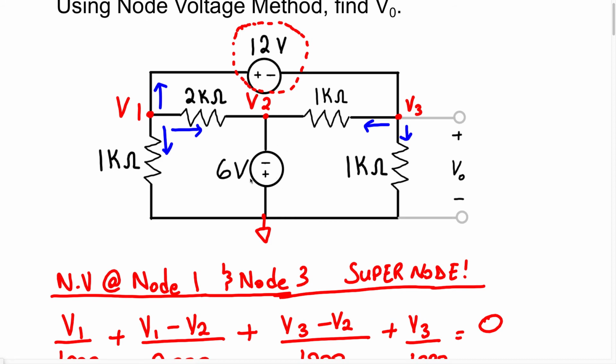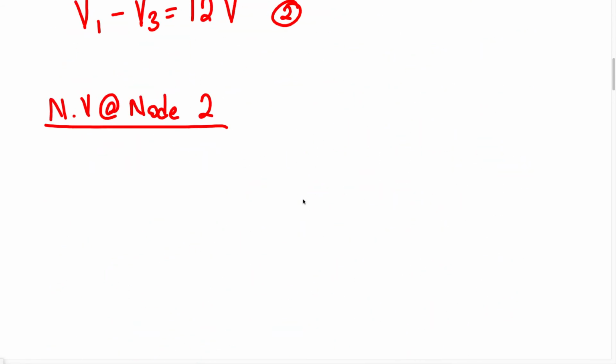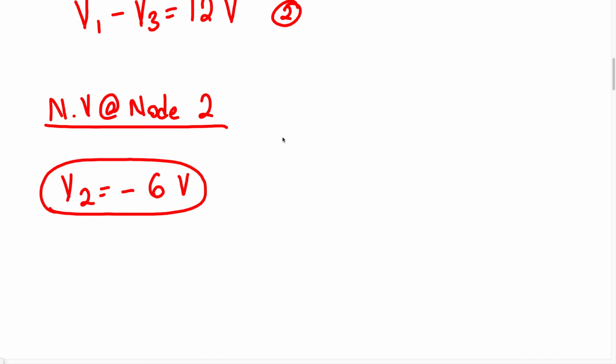Because of the polarity of this particular voltage source, we know the value of V2 is going to be a negative 6 volts because the negative terminal is closer to node 2. Therefore, we know V2 equals negative 6 volts. So this is going to be our answer for the voltage at node 2.